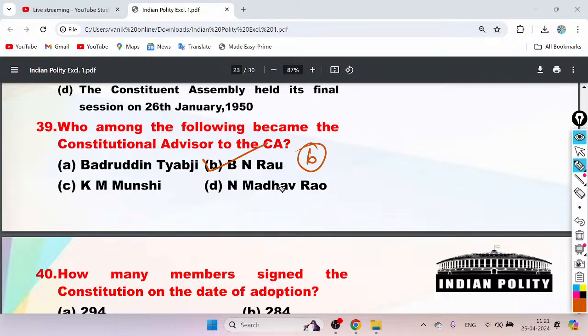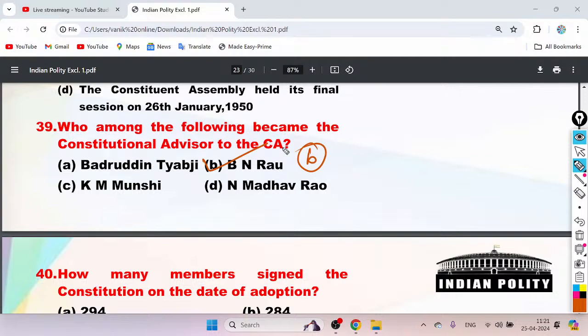An Indian jurist, a famous jurist, a civil servant, diplomat, a statesman. He remained the constitutional advisor from the beginning to end.